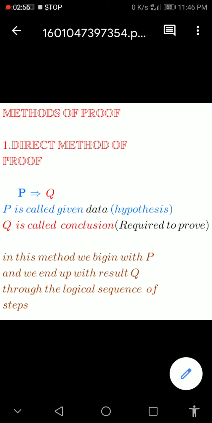Here in the direct method of proof, we begin with P and we arrive at Q directly. That is why it is called direct method of proof.